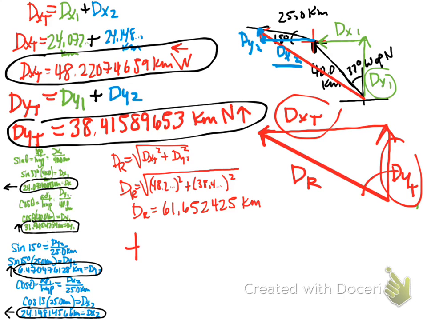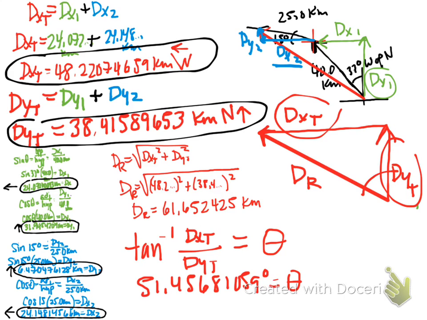So we know that the inverse tangent of opposite over adjacent, TOA, so dxt over dyt will give us theta. Okay, so we get 51.4568159 degrees is theta.